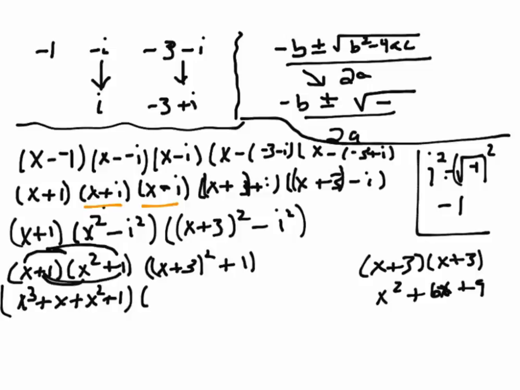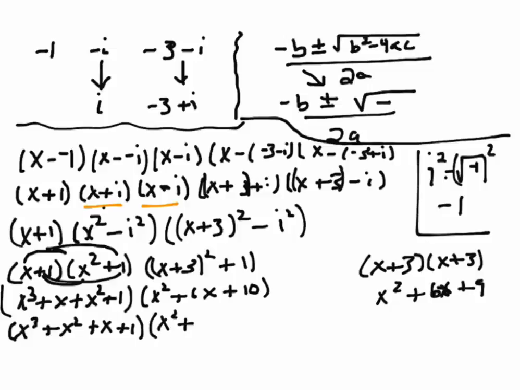So you have x squared plus 6x plus 9 plus 1 would be plus 10. And I would probably rewrite this in descending order. So this first polynomial will be x cubed plus x squared plus x plus 1 times x squared plus 6x plus 10.